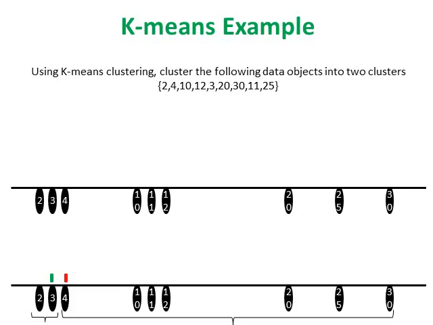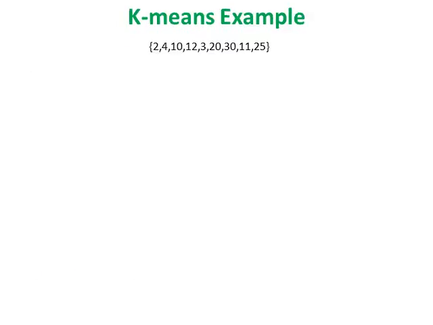Next step is to calculate the mean of each cluster. So mean of cluster 1 is 2.5, mean of second cluster is 16. Next step is update the clusters.